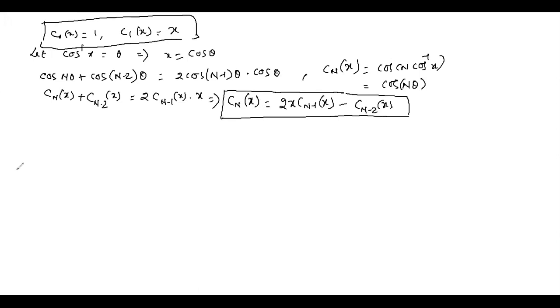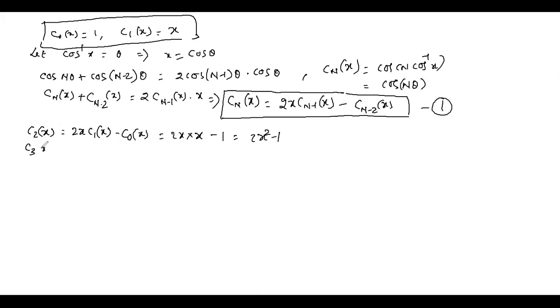Now what is C2(x)? Use this equation, let it be equation 1, and put n equals 2. C2(x) = 2x C1(x) − C0(x). That is 2x times x minus 1, which equals 2x² − 1.